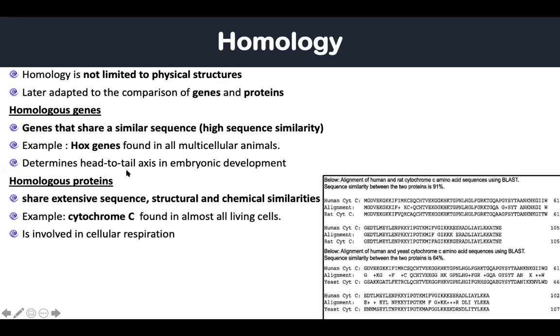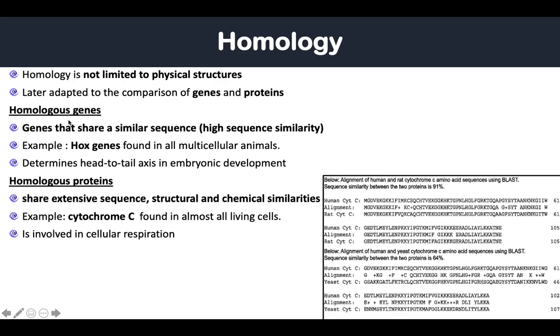If you do an alignment of these genes, you can identify the percentage similarity between a Hox gene from a human versus a Hox gene from, for instance, a rat or a monkey or rabbit, right? We can do this kind of analysis as well.